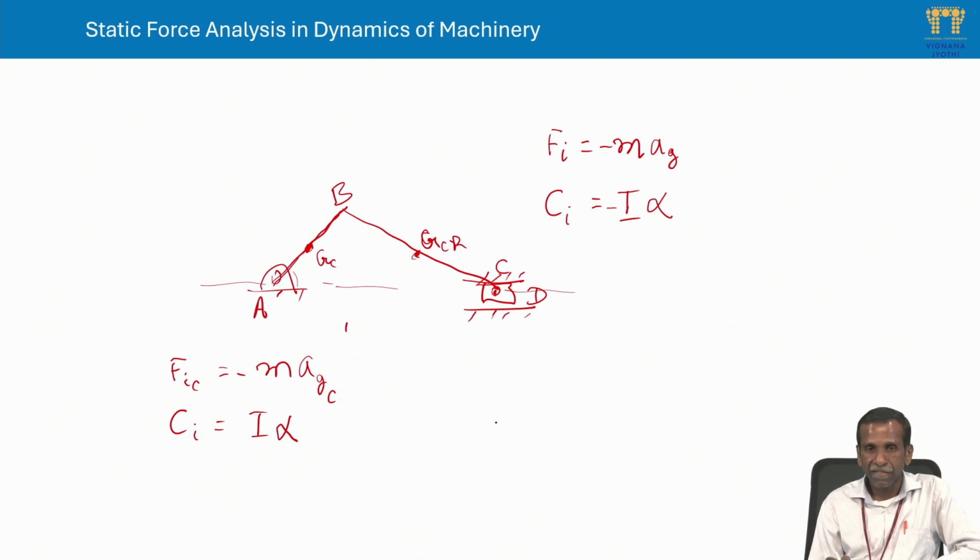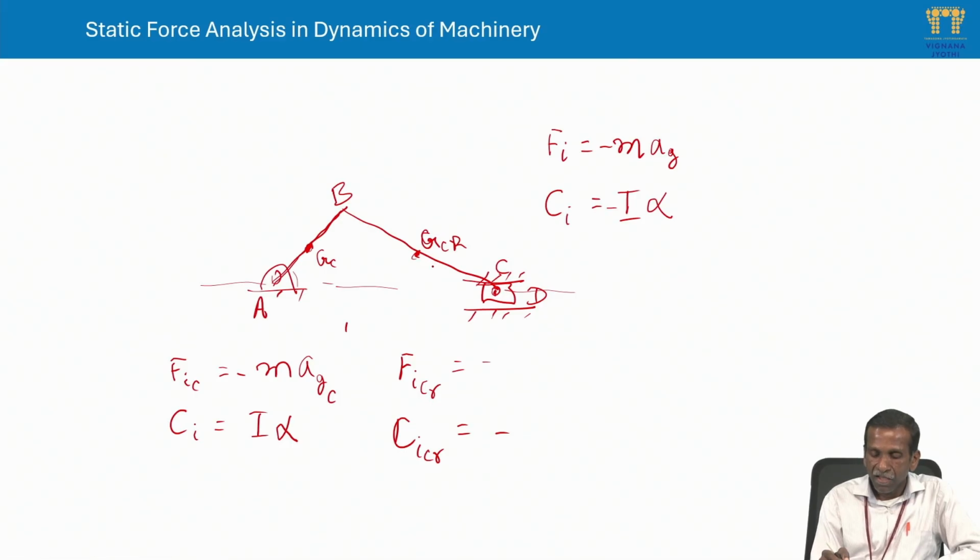You can calculate easily. You have studied these concepts thoroughly already in the first part of kinematics of machinery. So you can do that and similarly estimate the inertia forces and inertia couples in the connecting rod. Once you have these quantities, then show these in the diagram. Because what is the external force in this configuration diagram?